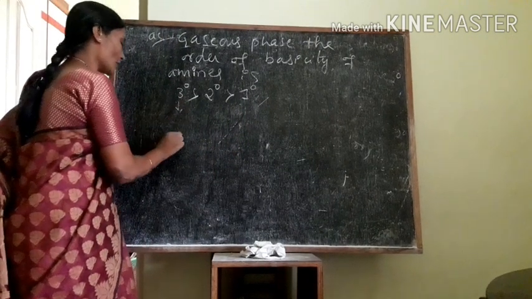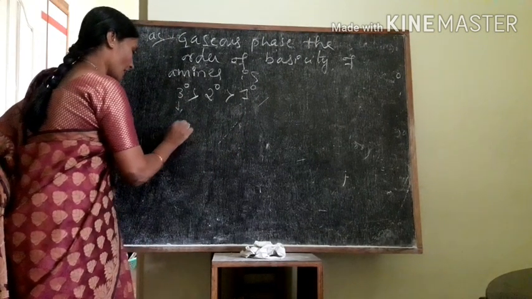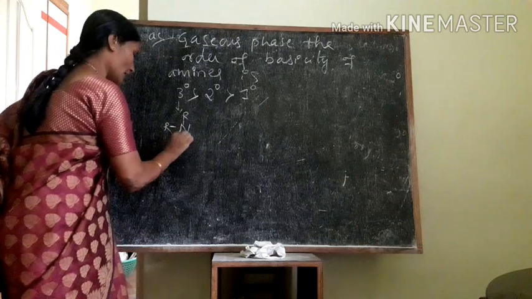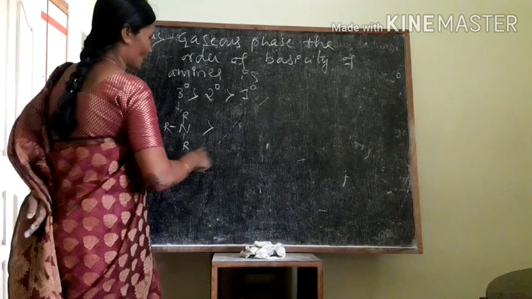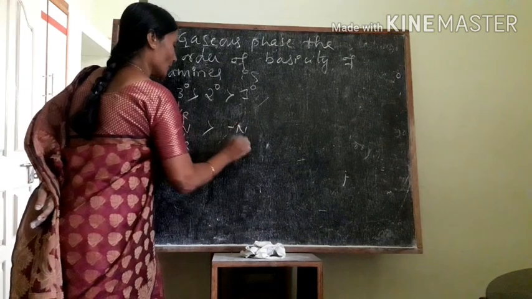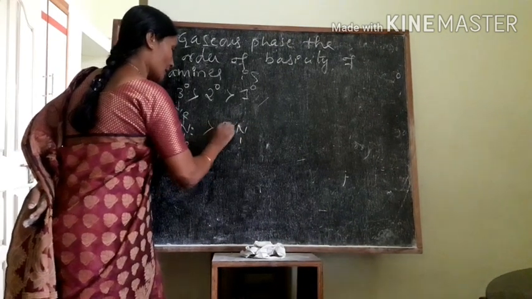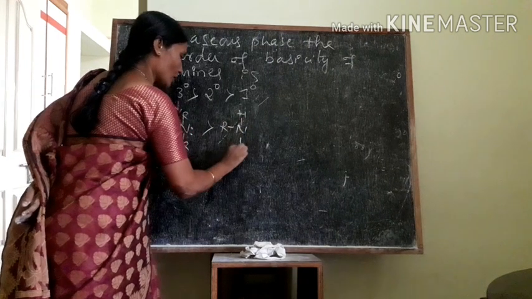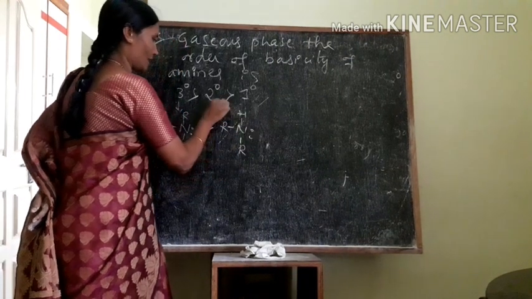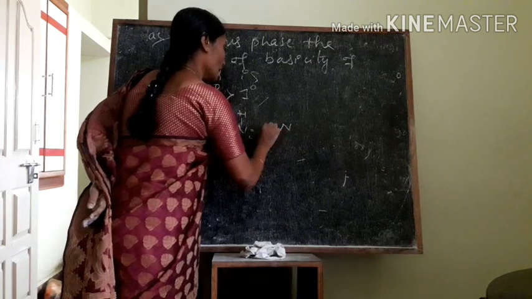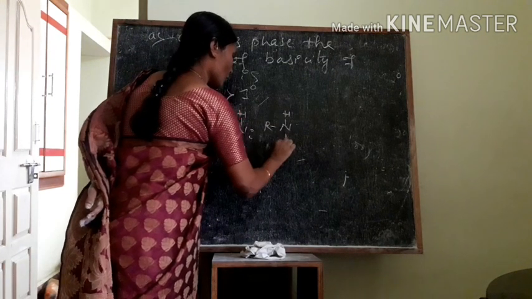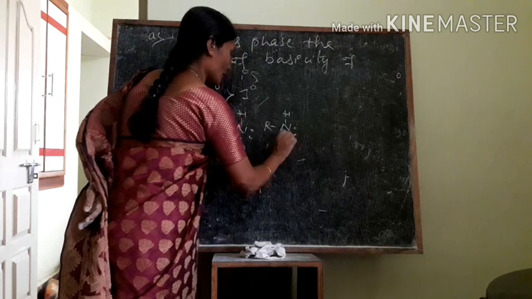Or I will take, for example, this as R. Alkyl groups are more, hence you can say that it is more basic. And next is RH with a pair of electrons, secondary. And next is N, with H and a pair of electrons. This is primary.